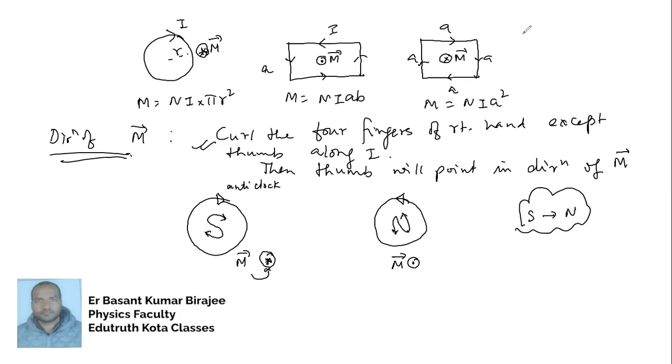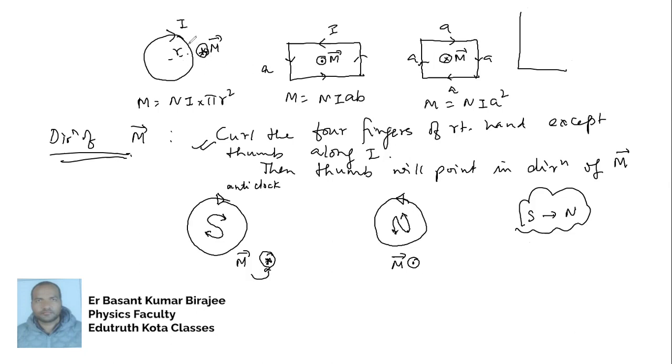We can calculate the magnetic moment due to a current carrying coil. You already studied that a current carrying coil or a current carrying conductor produces a magnetic field around it.